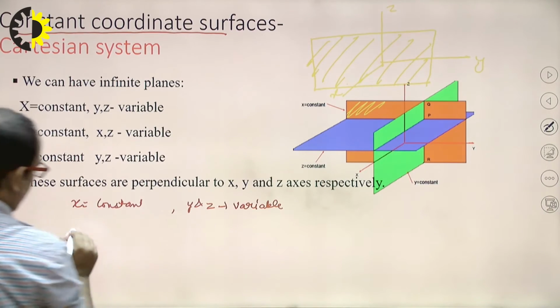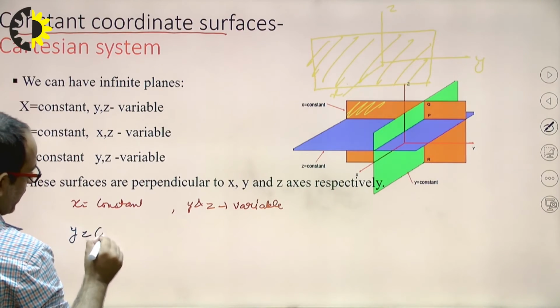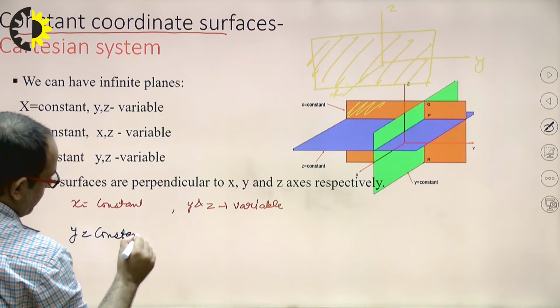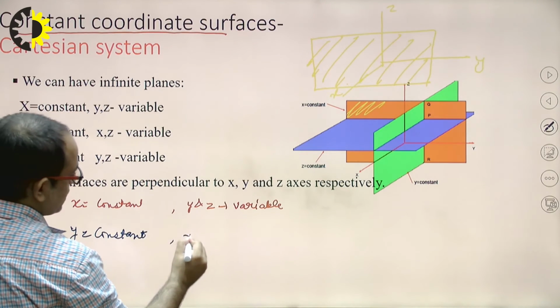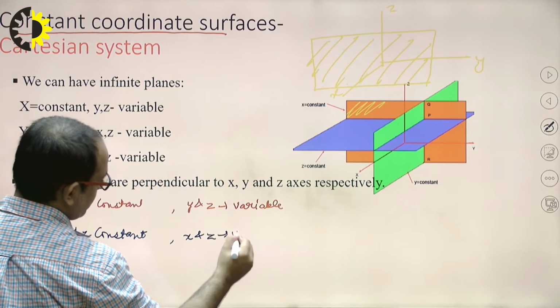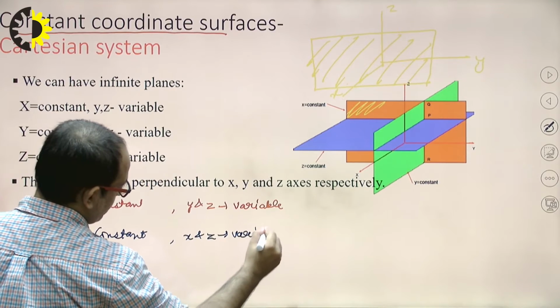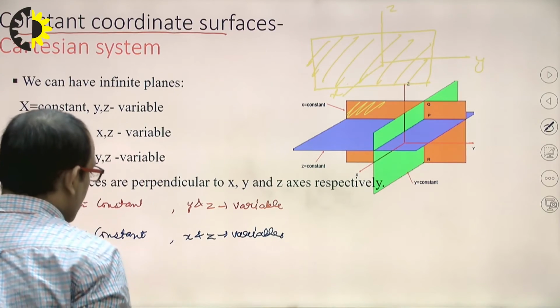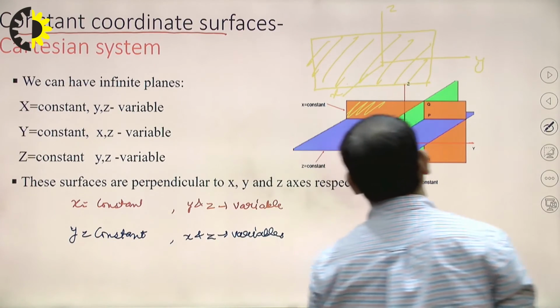Now if I say that y is constant and x and z are variables, which plane will be formed?